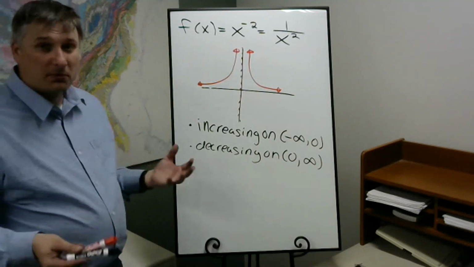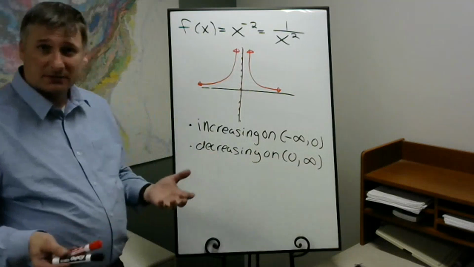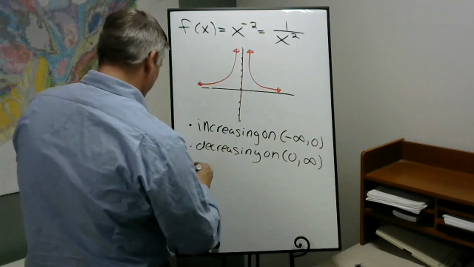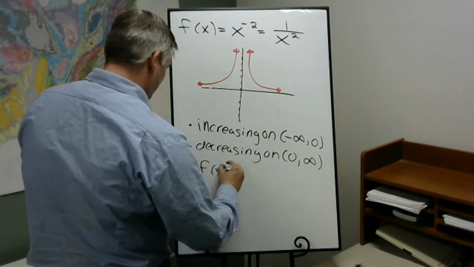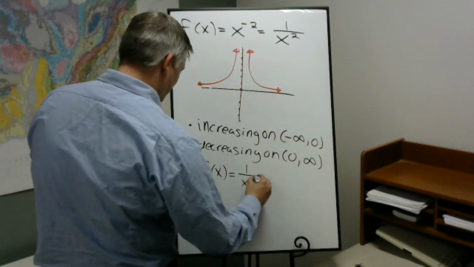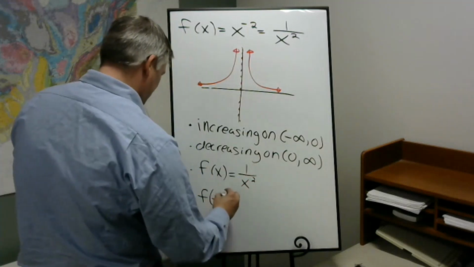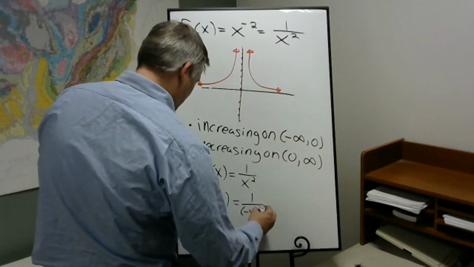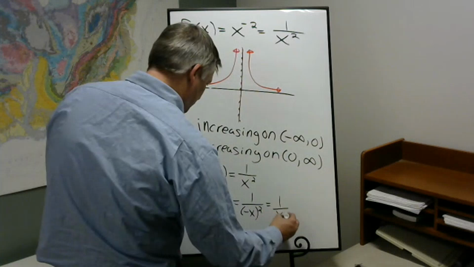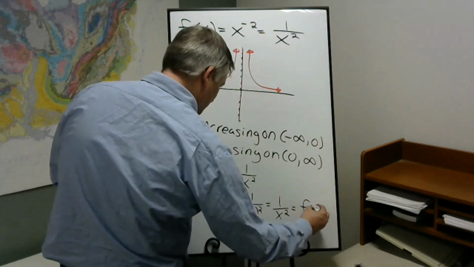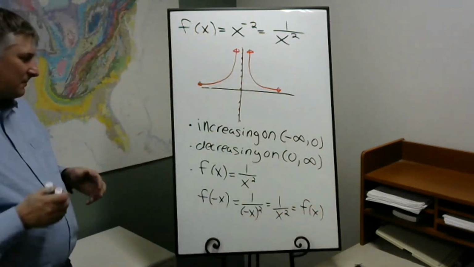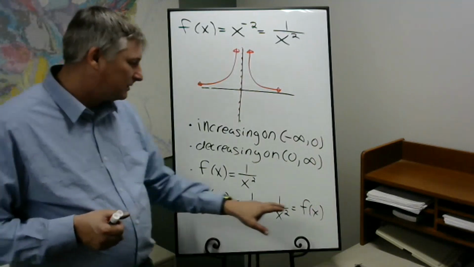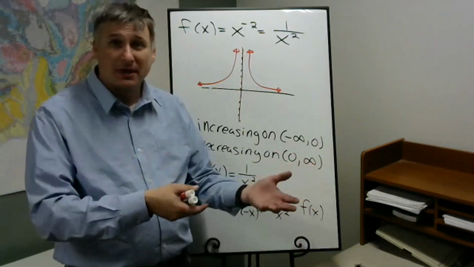So here we've got a function that's doing both of these, just like f of x equals x squared. Now for symmetry, what we've got is we put in negative x, and then we just get f of x that results out of it.